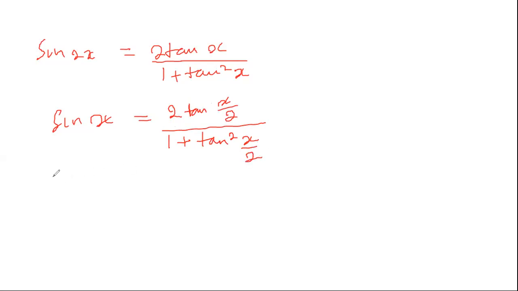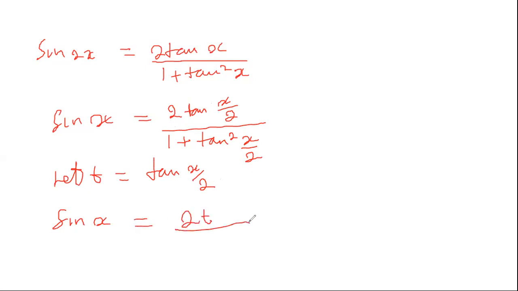So we let t be equal to tan x over 2, and this means here our sine x is going to be 2t divided by 1 plus t squared.